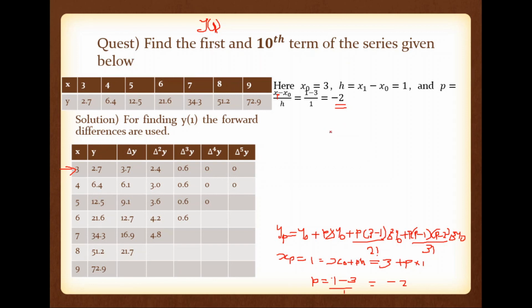So now what is yp? By using Newton's forward extrapolation formula, substitute these values. We have y0 equal to 2.7.